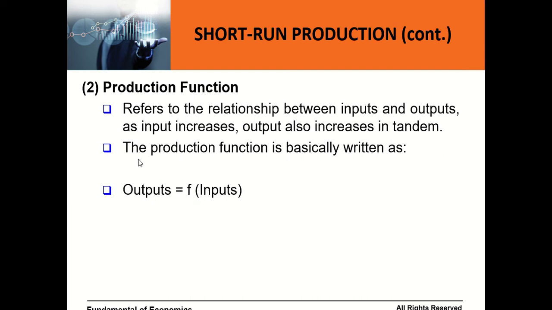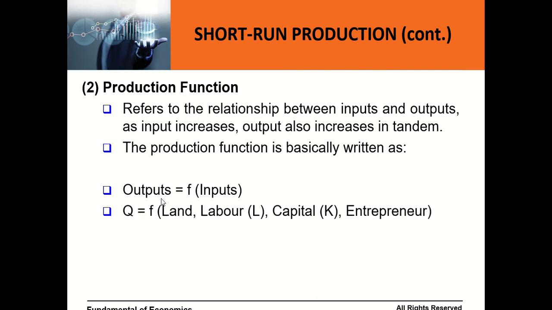Meaning that car is subject to the input. The more input that you have, the more output that we can produce. However, in the short run, as you can see just now, Q is output, and the inputs are labor, capital, and entrepreneur.